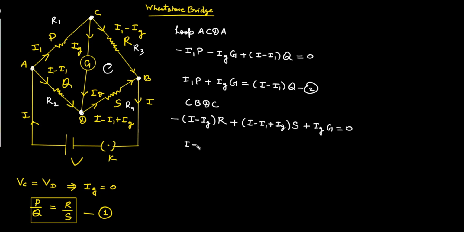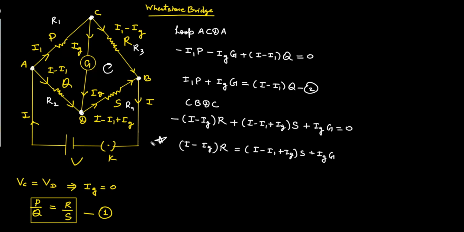Now I can write this as I1 minus Ig into R equals I minus I1 plus Ig into S plus Ig into G.